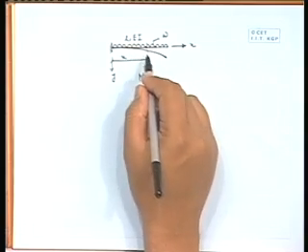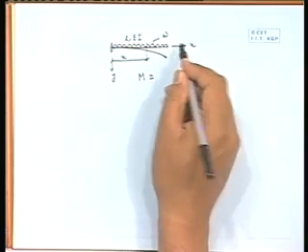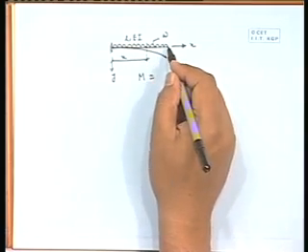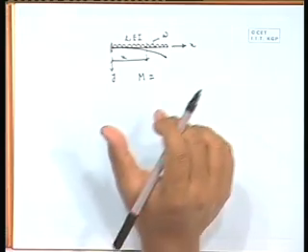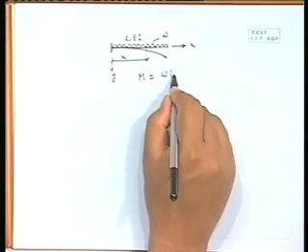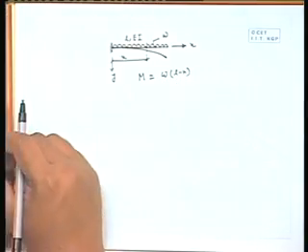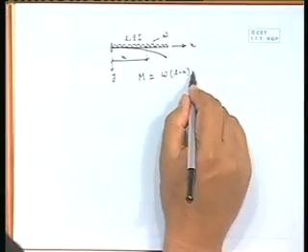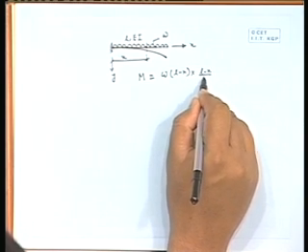So, the moment will be, it is a uniformly distributed load, which means we can assume that the load is acting at the centroid of that part. So, it will be acting at half the distance of L minus x. So, we can write omega is the intensity, L minus x is the length, that multiplied by L minus x divided by 2.